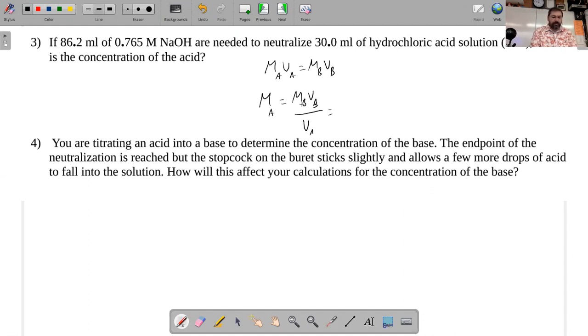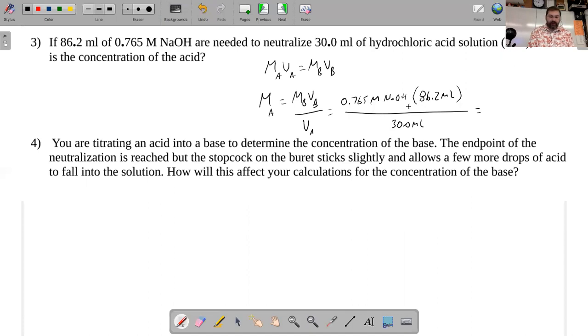So you take the molarity of the base, that's 0.765 molar of the sodium hydroxide, times the volume, 86.2 milliliters, divided by the volume of the acid, 30 milliliters. So it turns out that the ratio of the volumes is the same as the inverse of the ratio of the concentrations.